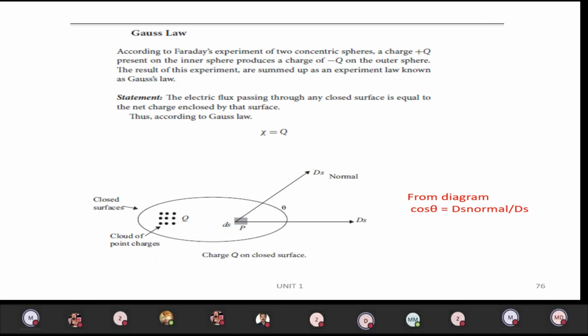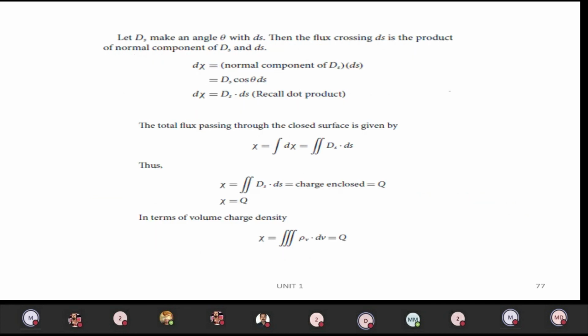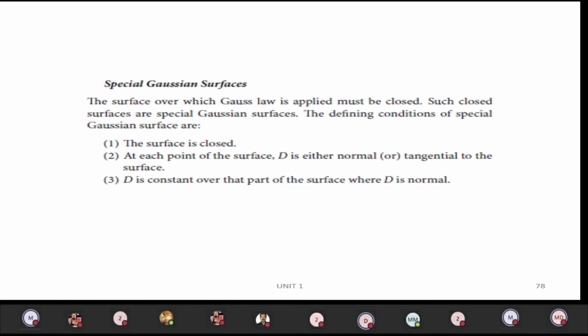Then Gauss law, the basic Gauss law, you know about that. The total electric flux passing through a closed surface is equal to the charge enclosed. For Gauss law, the important concept is the special Gaussian surface.